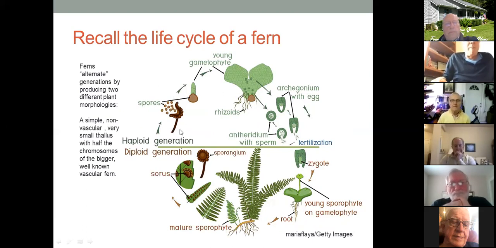So from the spores through the young gametophyte with the sex organs, these are all haploid cells within these aspects of the fern's presence in nature.